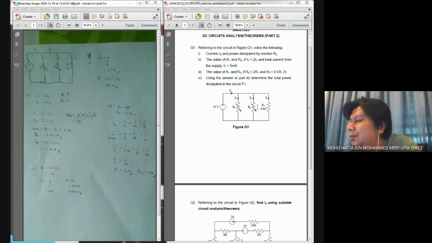And once you are done with the current, you can calculate the power dissipated at R3.